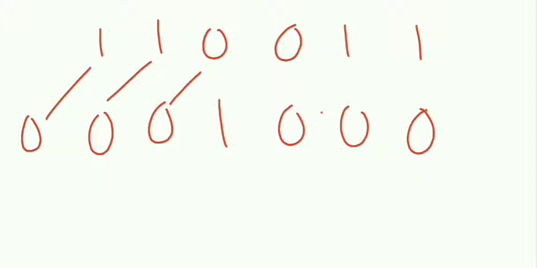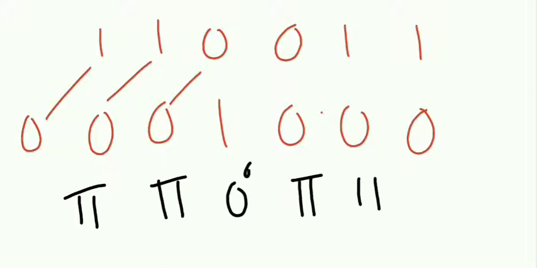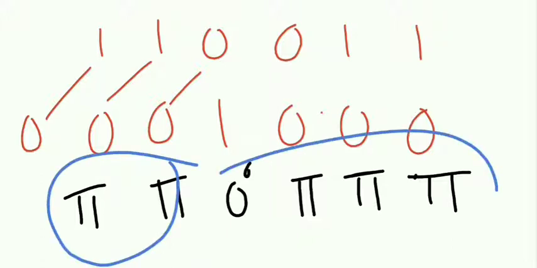How do we have to encode? 0 means we represent it by pi. 1 means we represent it by 0 degrees. Pi, pi, pi. So the first two they have given, that is pi and pi. The remaining 4 are 0, pi, pi, pi.